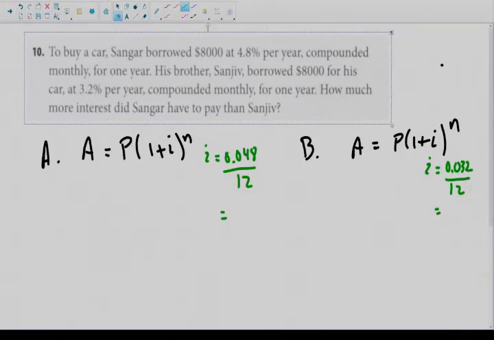So 0.048 divided by 12 equals 0.004. The other one, 0.032 divided by 12 equals 0.0026.